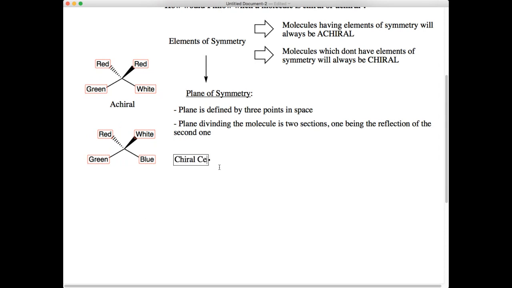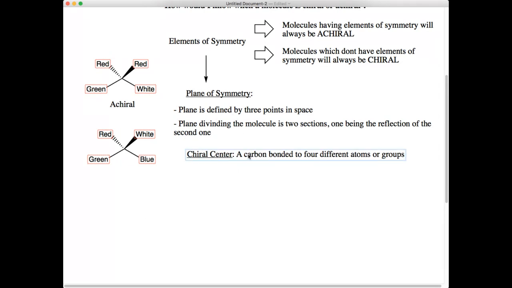We're going to define something called a chiral center, and that's a carbon bonded to 4 different atoms or groups. So any carbon bonded to 4 different atoms or groups, we will define as a chiral center.